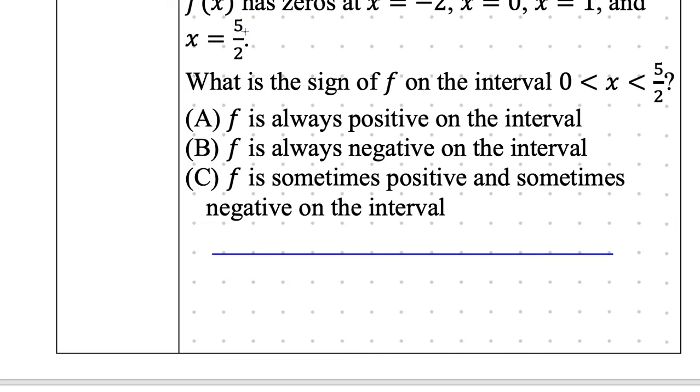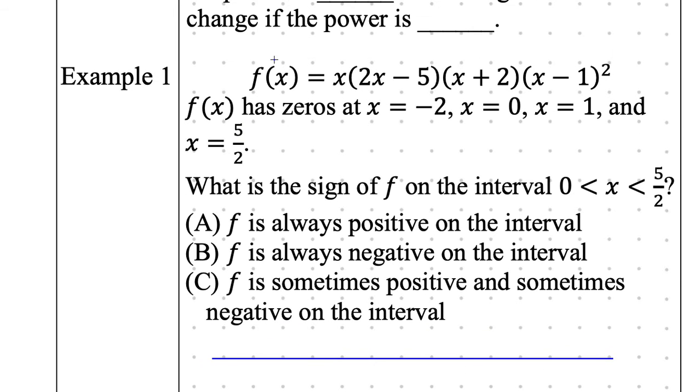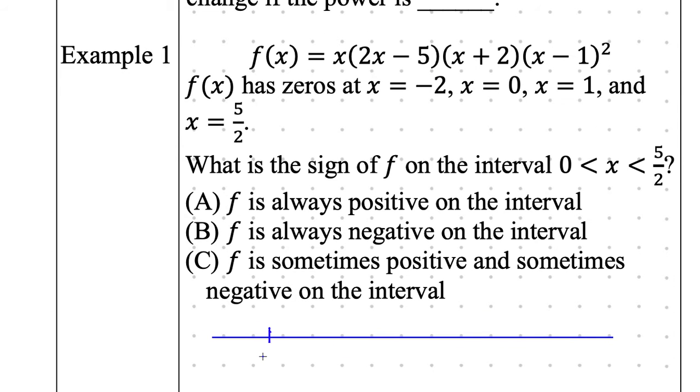Notice that it always gives you x-intercepts in the correct order. So my first x-intercept is at -2, -2, 0, 1, and 5 halves. Hooray! We have done the first procedure.